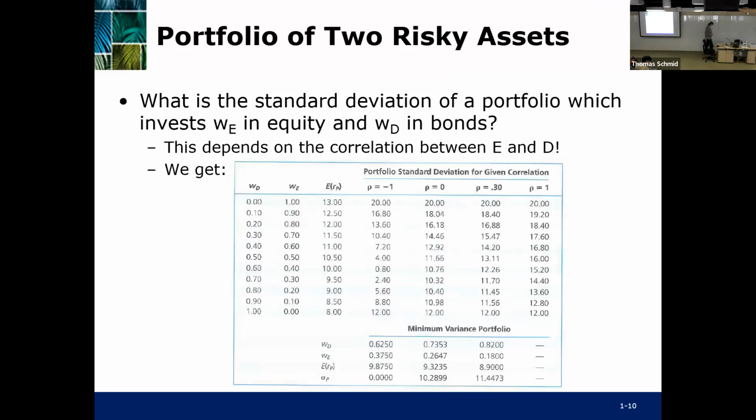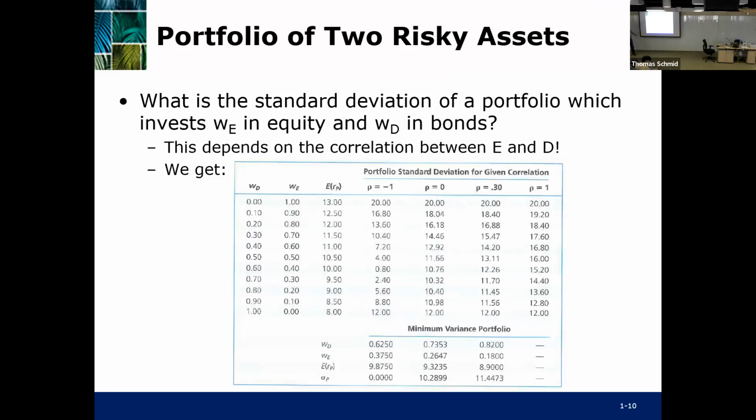I go over the return part quickly because we already know it's always linear. Let's spend a bit more time on the risk part. So what is the standard deviation of a portfolio that invests WE in equity and WD in the debt fund?